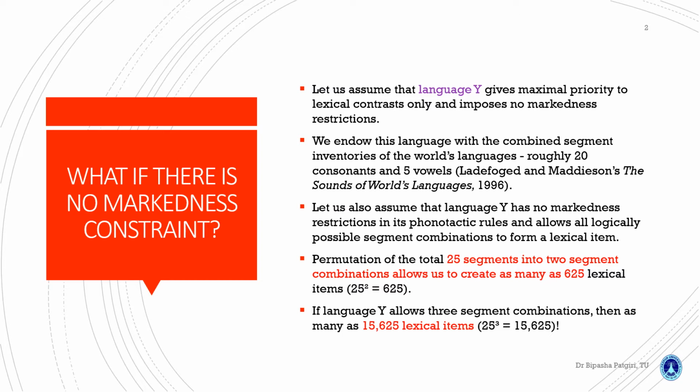In such a case, not only sa, ta, ra, but there are many permutations and combinations which can occur, and if a language allows all of them, then there will be 15,625 lexical items.